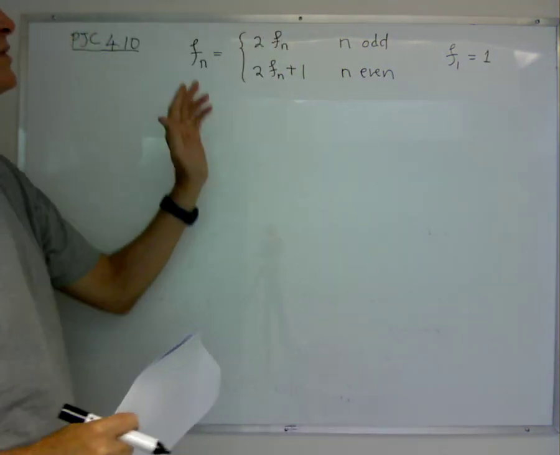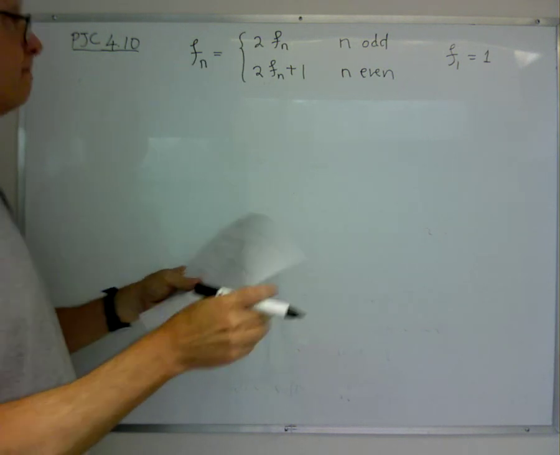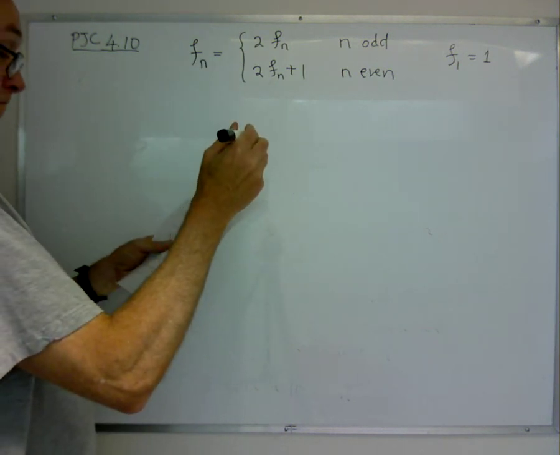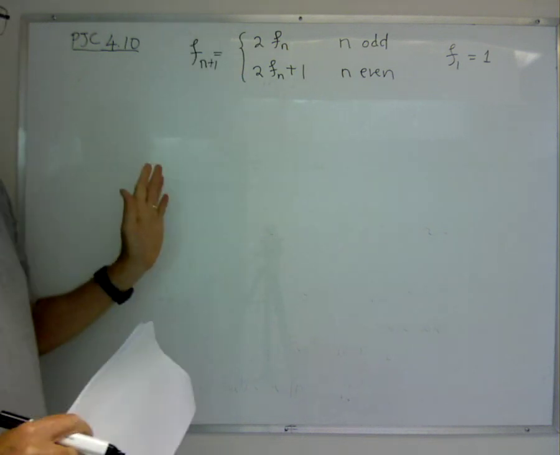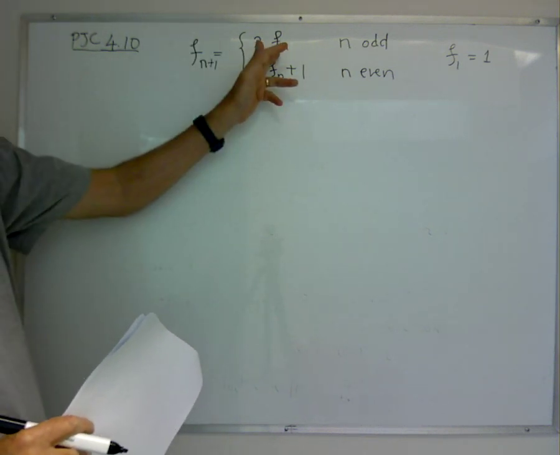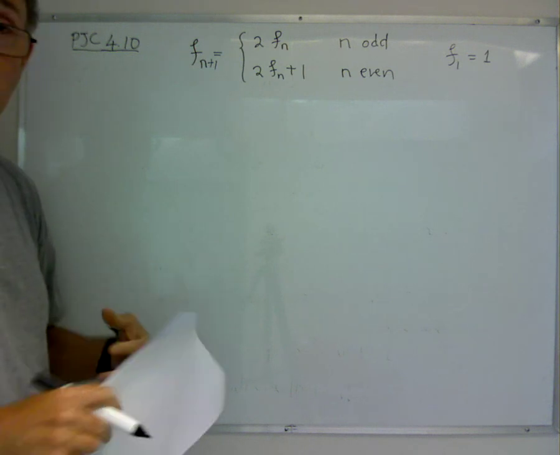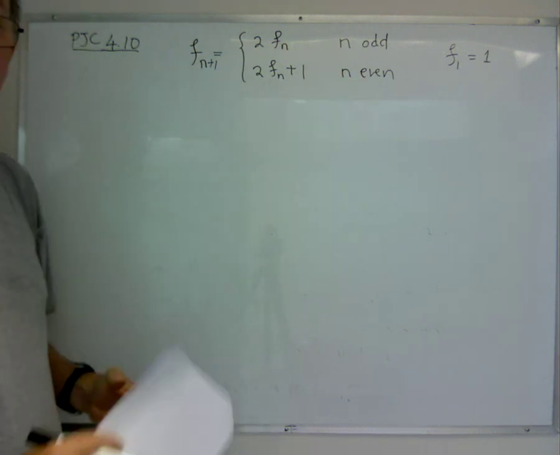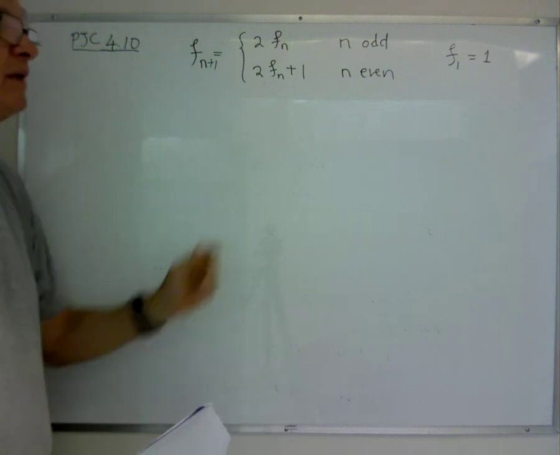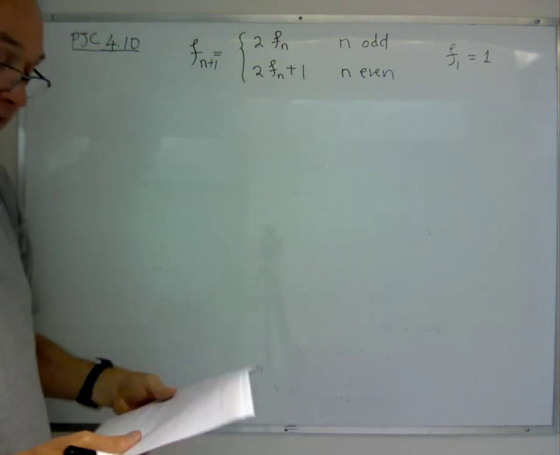And so you can read this recurrence as follows. If n is odd, then you multiply by 2, so you double. Double when n is odd. If n is even, then double and then add 1, right? Double plus 1.